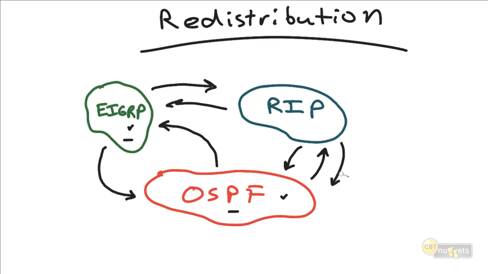But then it says, wait a minute, I just heard about those prefixes as being available through EIGRP. So I want to go that way to get to those prefixes. And then it hears the updates from OSPF and it says, no, this is the right way to go. And then a moment later it goes, no, this must be the right way to go. So this is where things get messy.